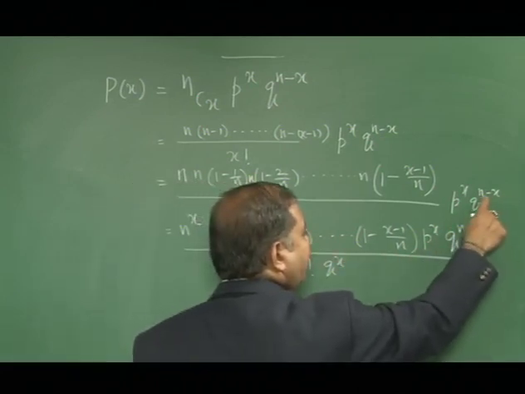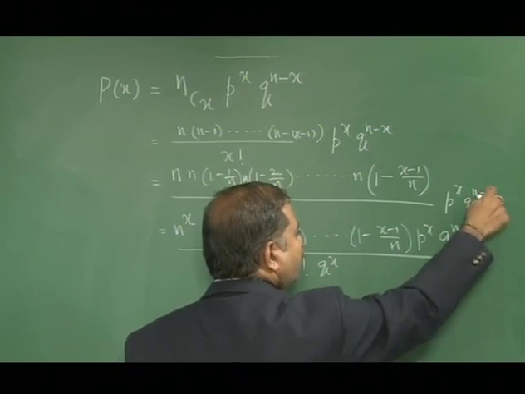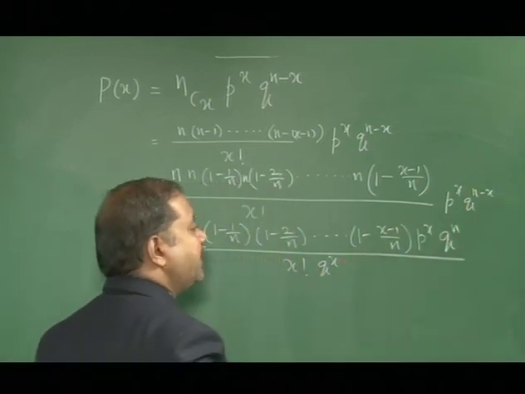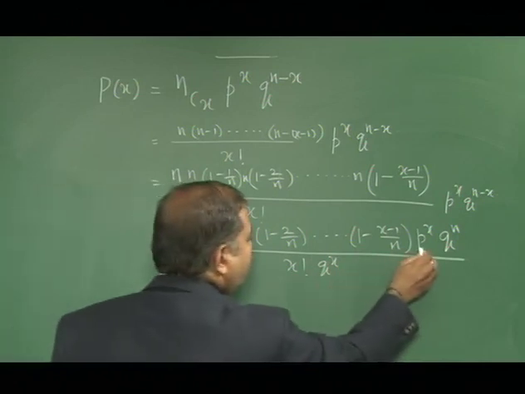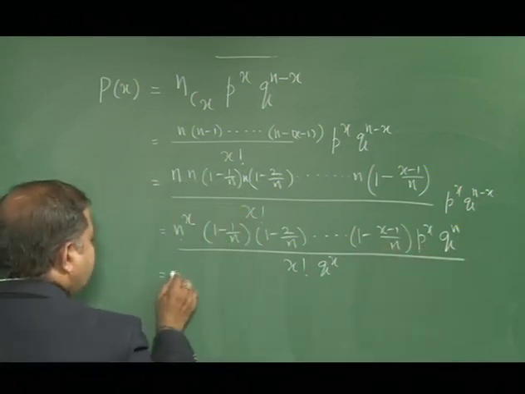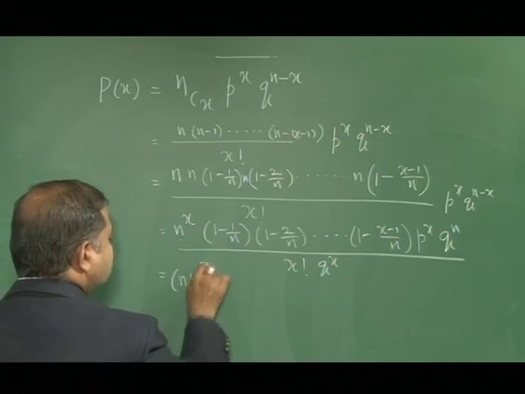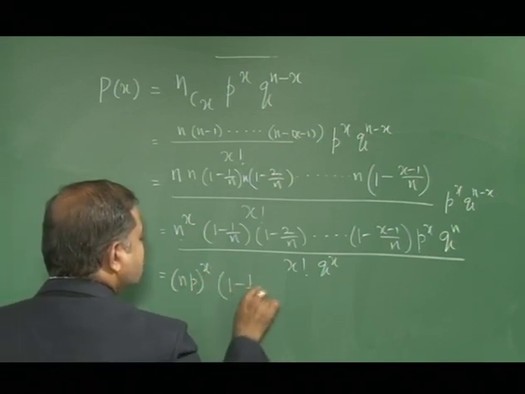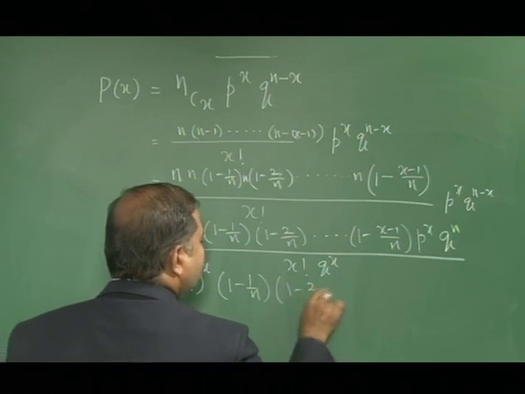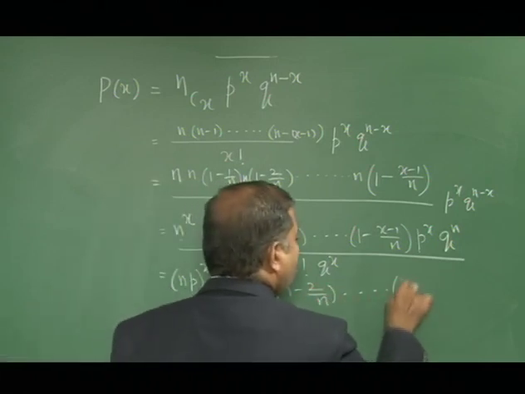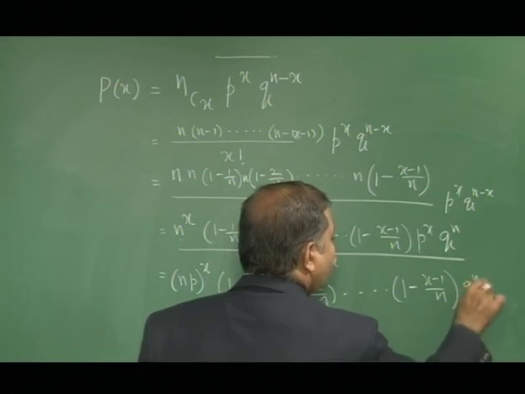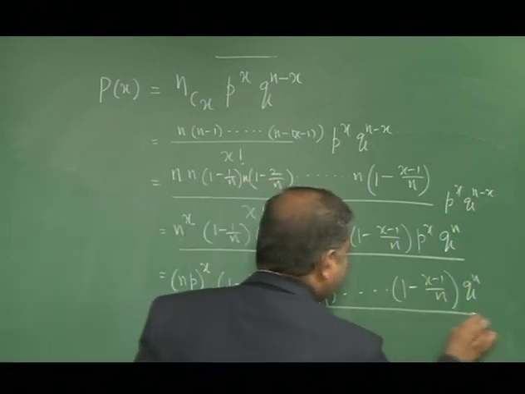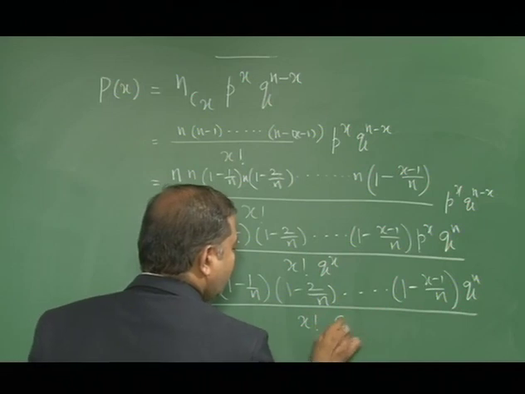Here q power n minus x I am changing to q power n in the numerator and q power x in the denominator. These two are combined together, np. So I can write np power x, 1 minus 1 by n, 1 minus 2 by n and so on, 1 minus x minus 1 by n, into q power n divided by x factorial q power x.